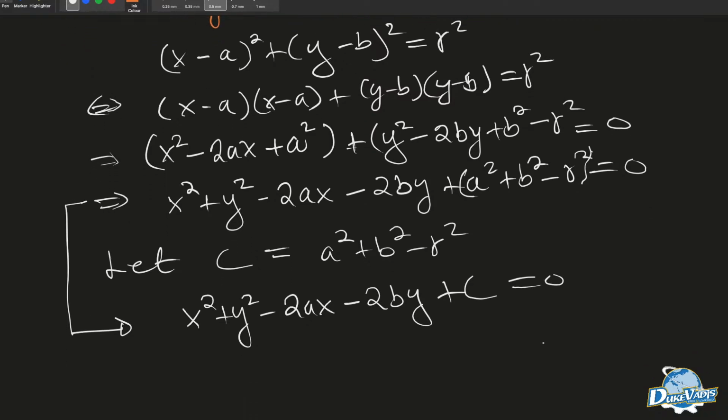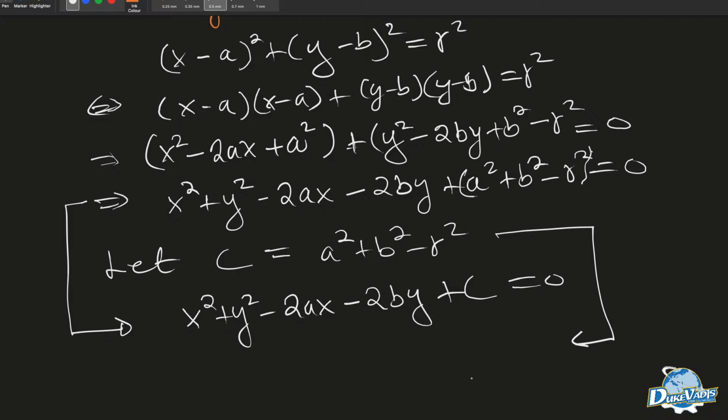With a center, maybe negative g, negative f. Now I'm going to explain why this one became positive. From here, we can make r the subject. Have you seen that?